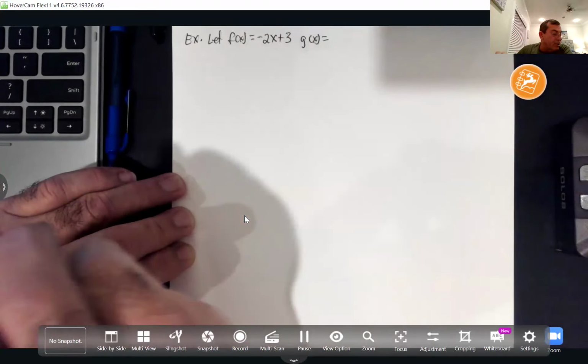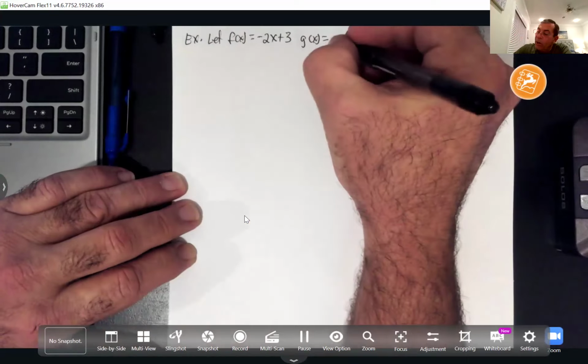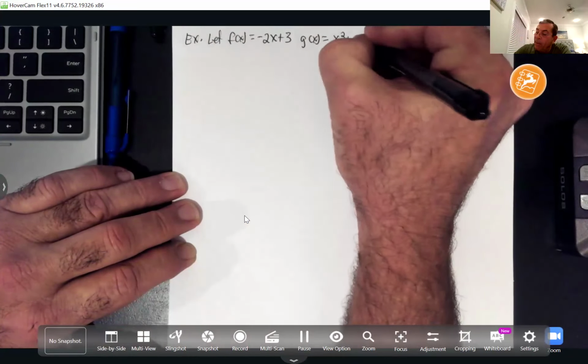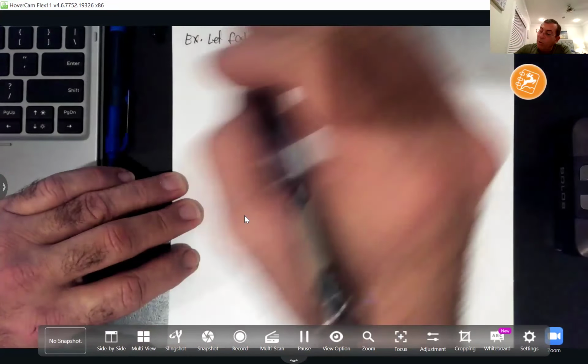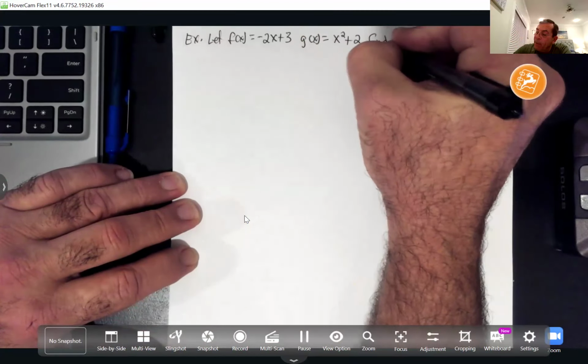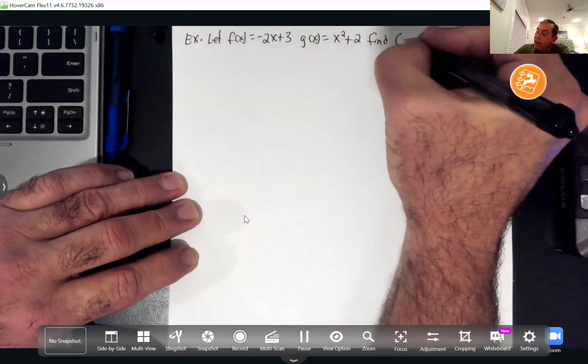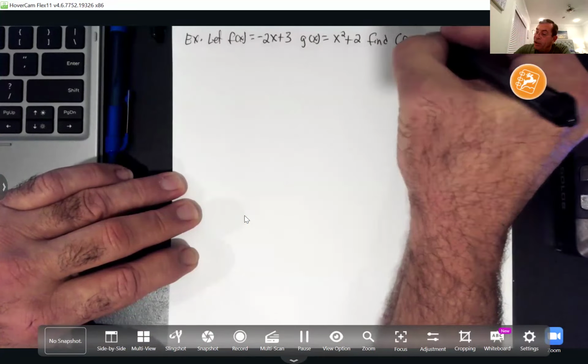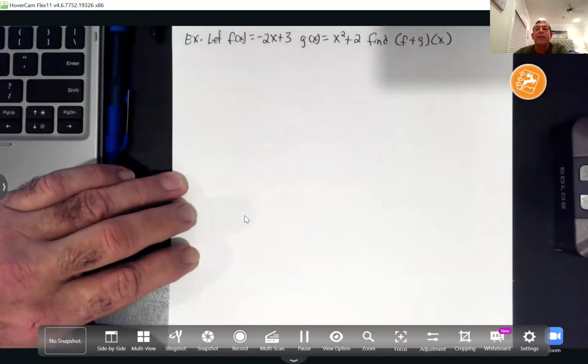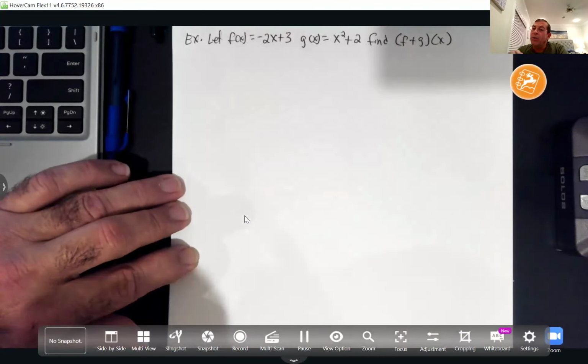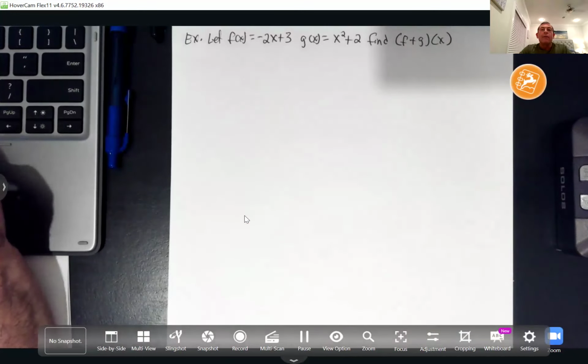G of x is going to equal x squared plus 2. On this one, they just want me to find f plus g of x. So notice no numbers here.